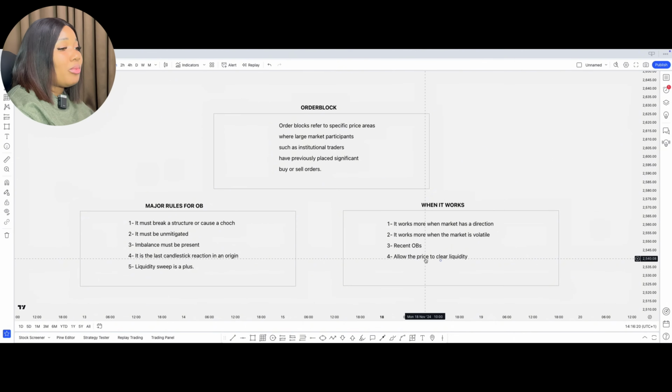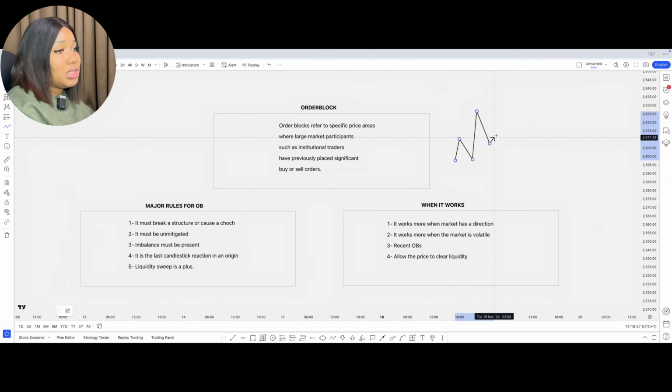Then allow the price or the market to clear liquidity. If you're also confused on what liquidity means, you can check my video on liquidity to understand it. So allow the price to clear liquidity. Let's say we have a break of structure and you've noticed the market is kind of ranging around here.